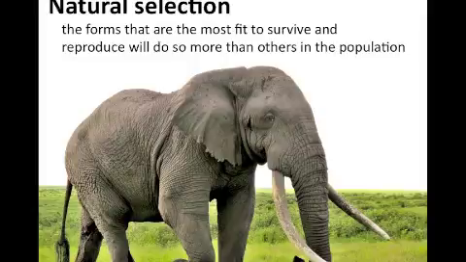So in natural selection, we want to see that those individuals who are the most fit end up surviving. They live more successfully than others in their group, and they also have more offspring. They pass on that fit characteristic more often than others in that same population.